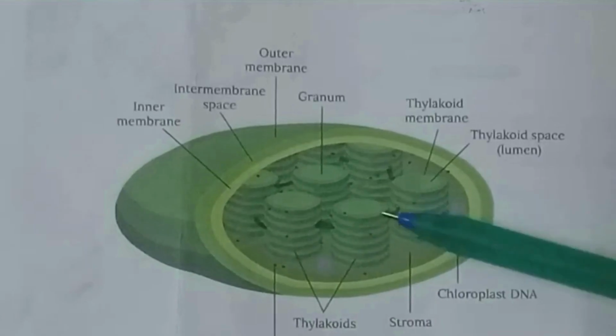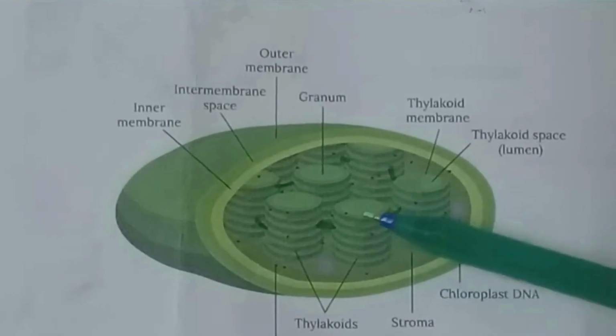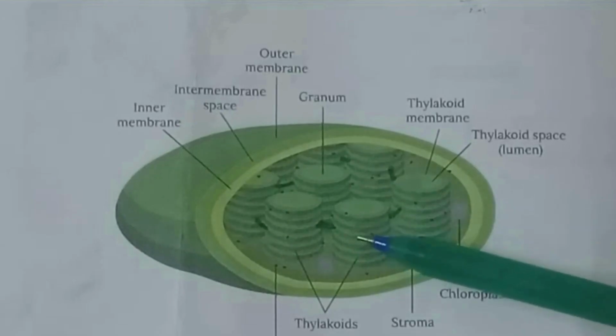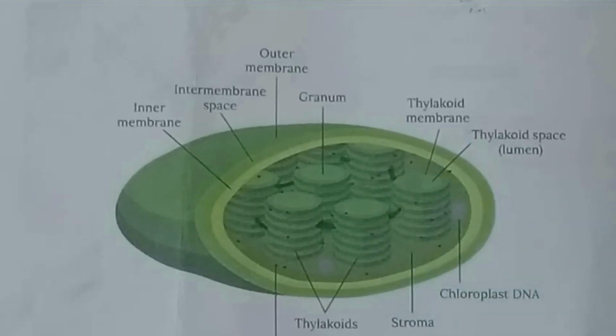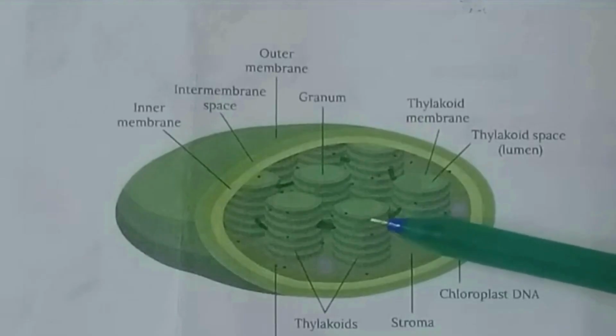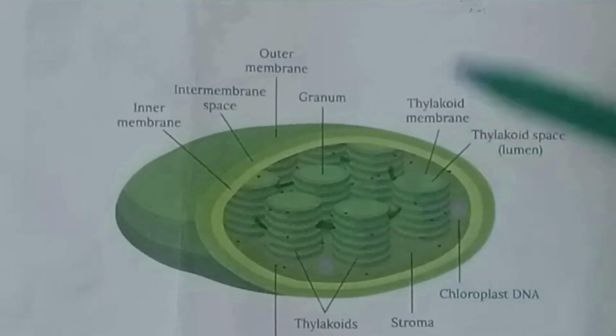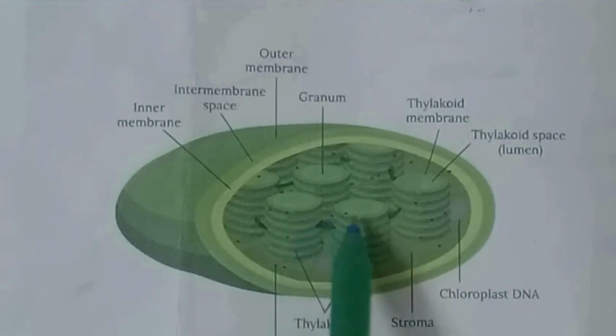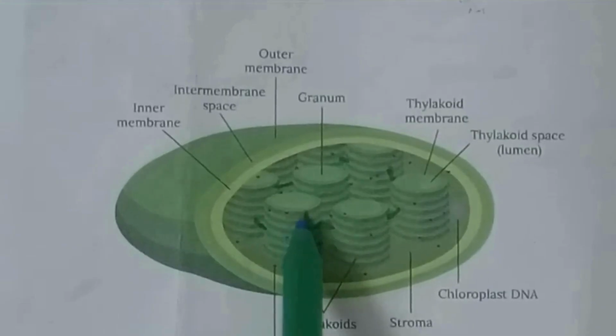These thylakoids are arranged in stacks, like piles of coins, known as grana, singular granum, and these are also known as integral thylakoids. The thylakoids of different grana are connected with the help of tubules known as stroma lamellae.